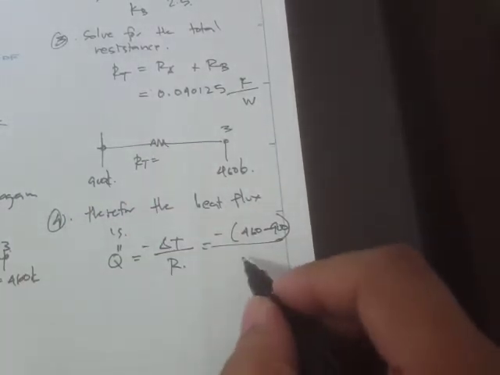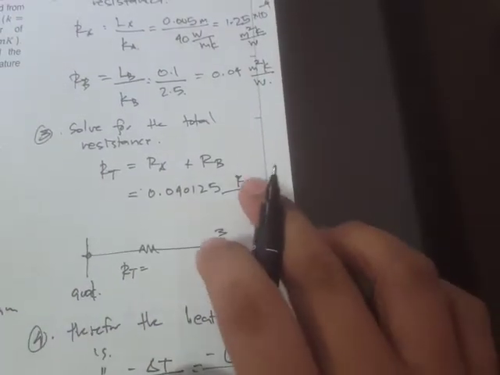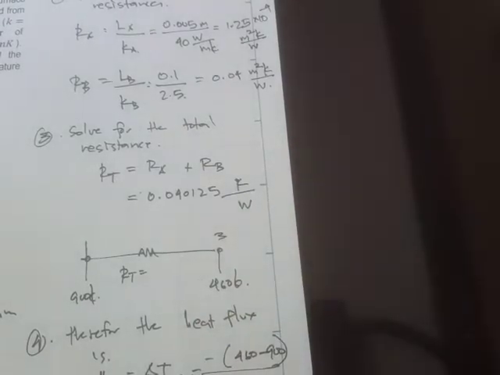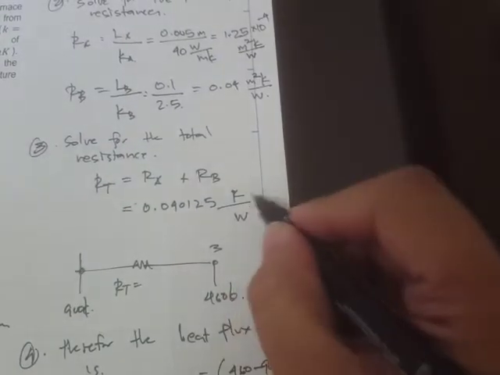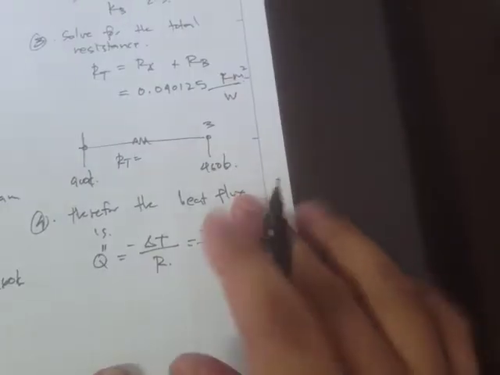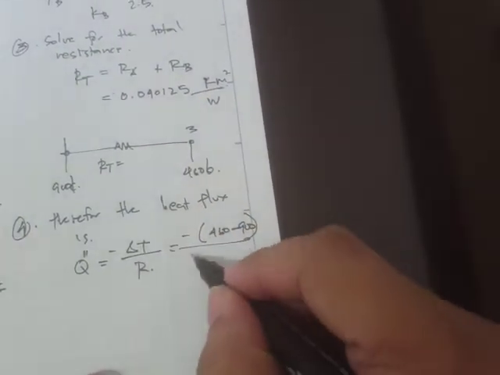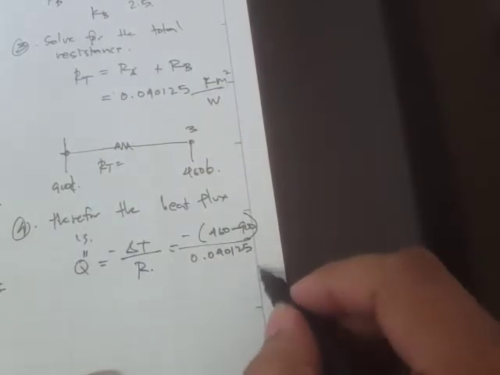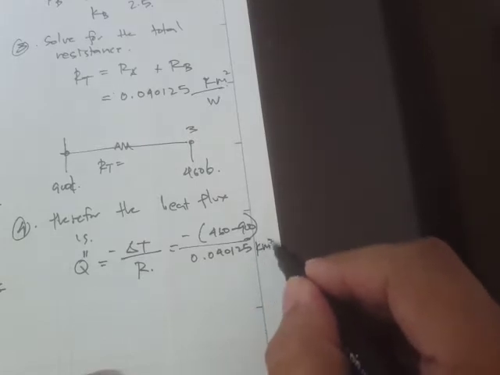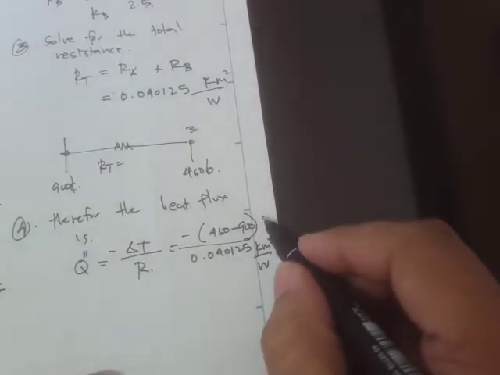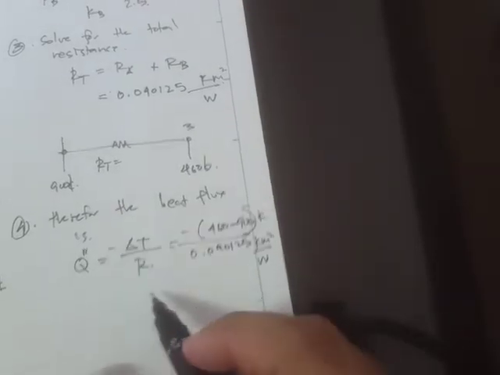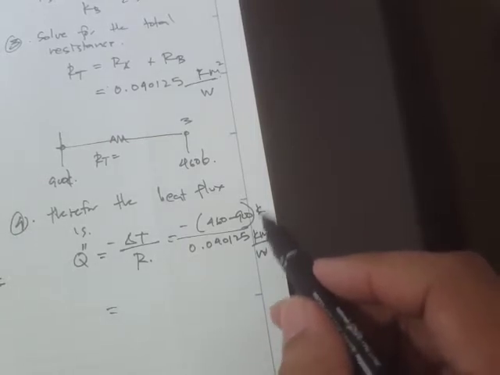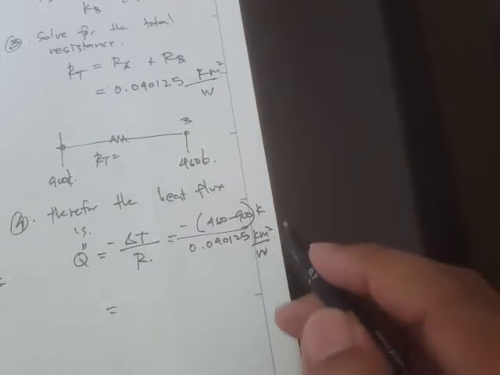The resistance is 0.040125 Kelvin meter squared per watt. The Kelvin cancels out, so our units would be watts per meter squared.